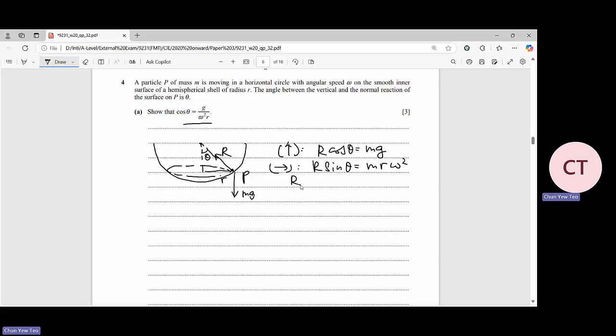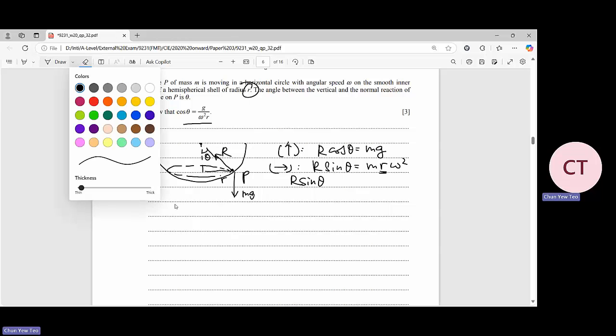Oh, I cannot use this r because this r is the radius of the circle. This is the radius r, this is the radius r. So over here, I need to use a different value of r.